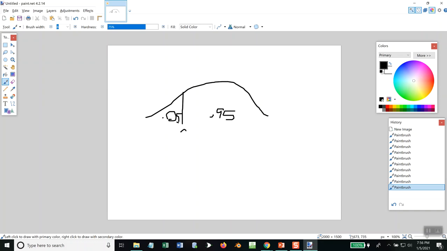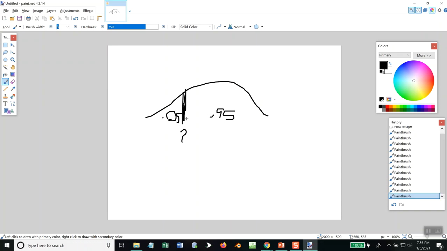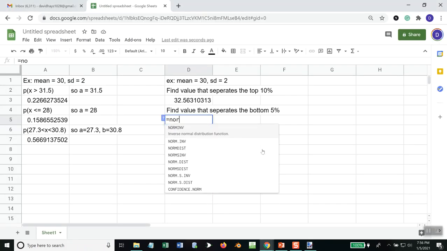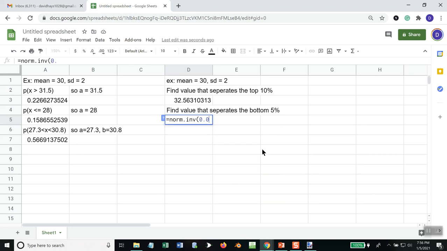Now we're trying to find this value right here, which is this line, and we look at the area to the left, which is 0.05. So I'm going to do equals norm.inv 0.05, comma, our mean, which is 30, comma, our standard deviation, which is 2. And that would be our value.